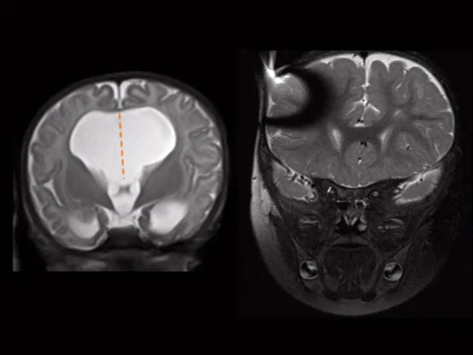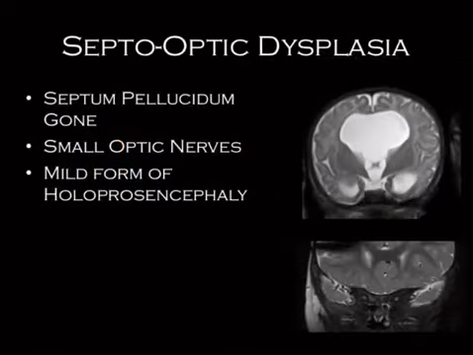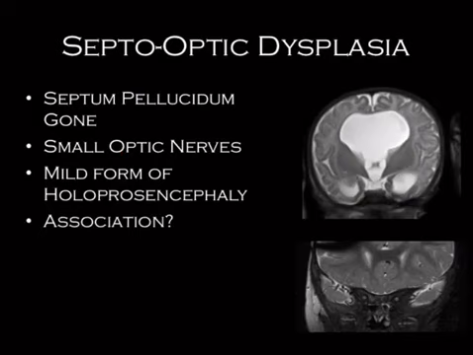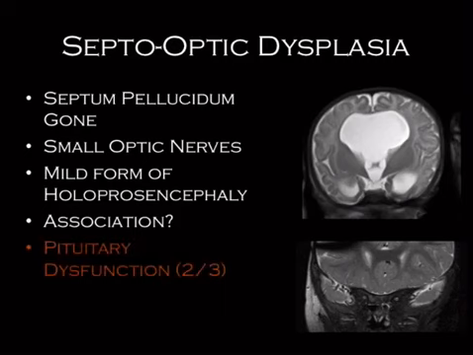And anytime you're shown this image right here, where the optic nerves are, you can think about demyelinating issues that are affecting the optic nerves, if one's brighter than the other one, or in this case, if they appear smaller than you would expect, especially in the setting of this finding, then you think about septo-optic dysplasia, which is the mildest form of holoprosencephaly. And again, midline issues, holoprosencephaly has problems with another midline structure, the pituitary.